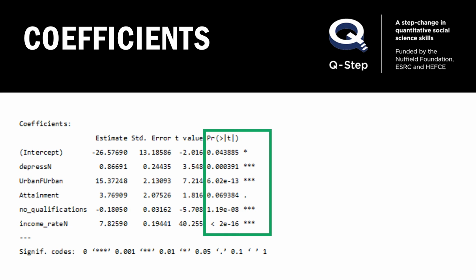So we do not include an interpretation for attainment. Another way to check for statistical significance is if the t-value is over the absolute value of 2, or 1.96 to be precise, then it's significant. Remember, the t-statistic is the estimate divided by the standard error.